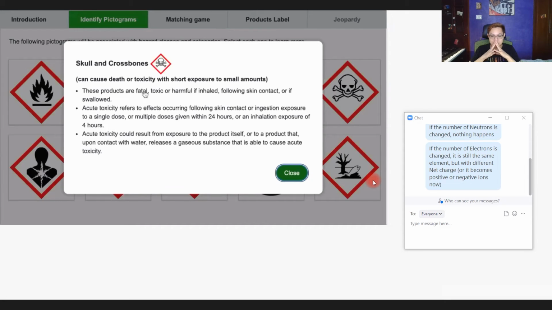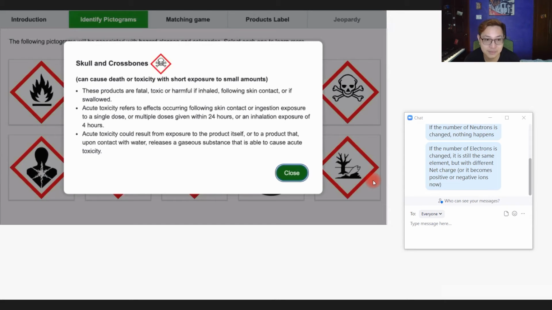These products are fatal, toxic, or harmful if inhaled. Fatal or deadly is the same thing. Following skin contact or if swallowed. Acute toxicity. Acute means short term, immediately after you get in contact with these things.